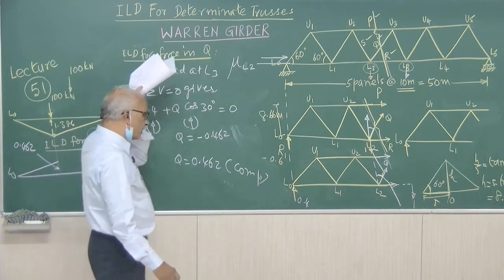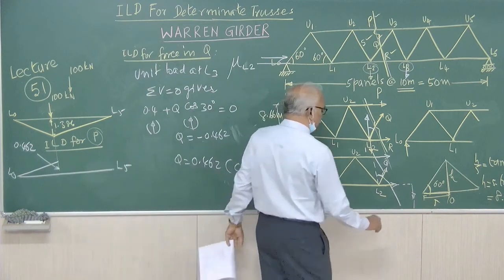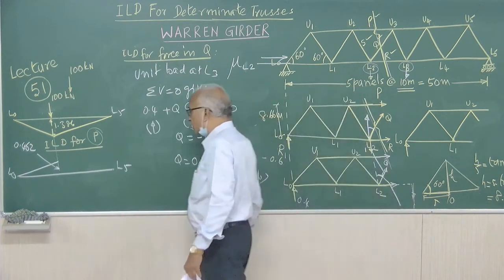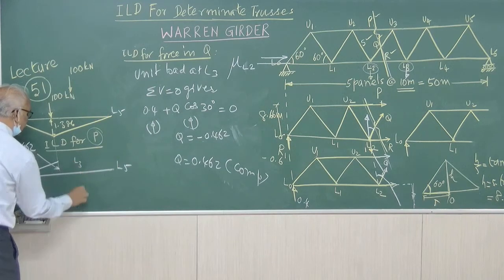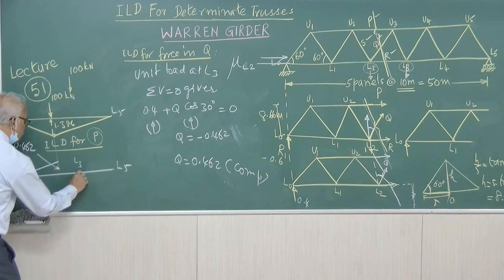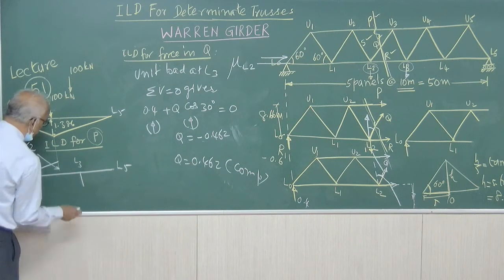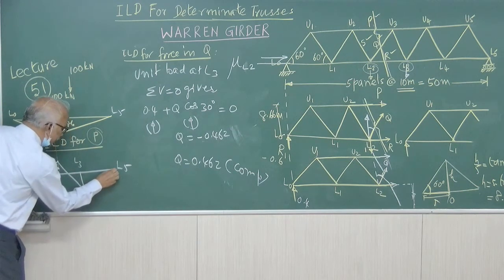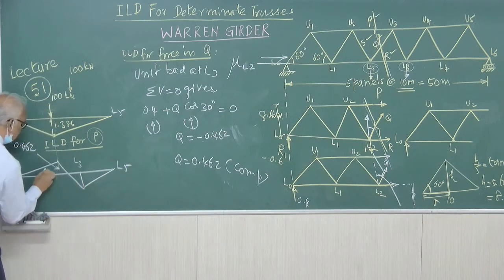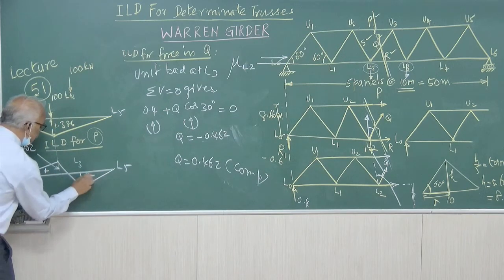So now we have applied the unit force at L3. Now we have to draw the ordinate at L3. This is, say, let us say L3. Now here we have, it is 0.462. So this is plus tension, this is minus.